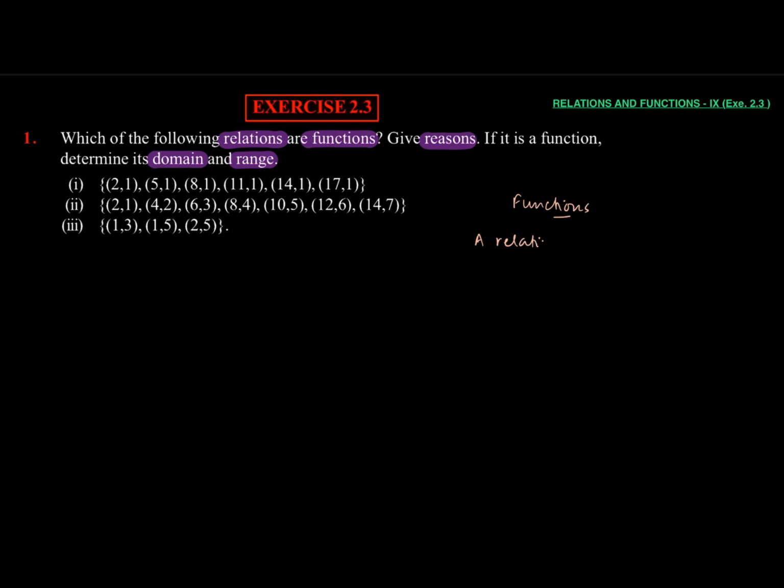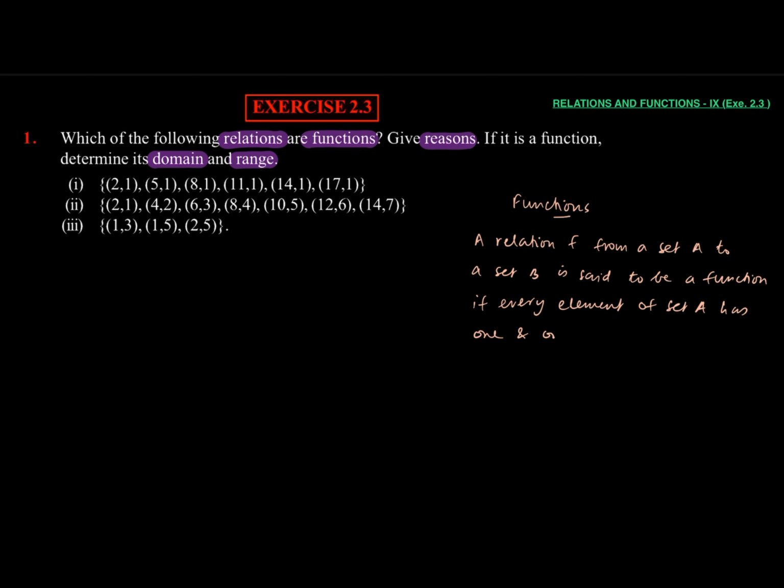A relation f from a set A to a set B is said to be a function if every element of set A has one and only one image in set B. So a function is a relation.